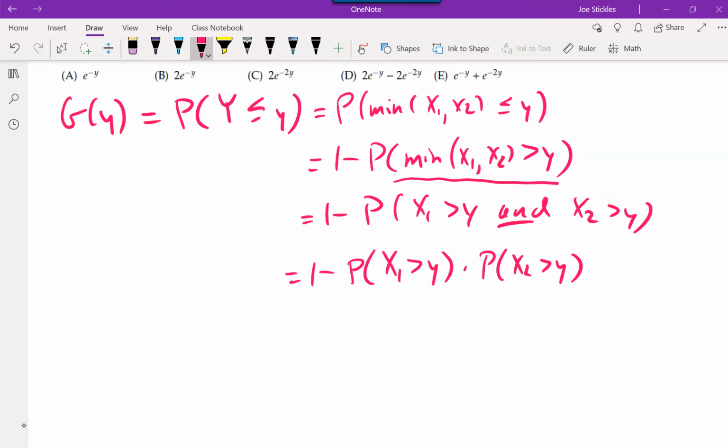Now this is close to statements about the CDFs of x1 and x2, isn't it? Actually, I could write this in terms of the CDF. What's the only difference between it actually being exactly what I would want for the CDF? Yeah, it's the greater than instead of less than. It's the complement of what I would want, right? We agree?